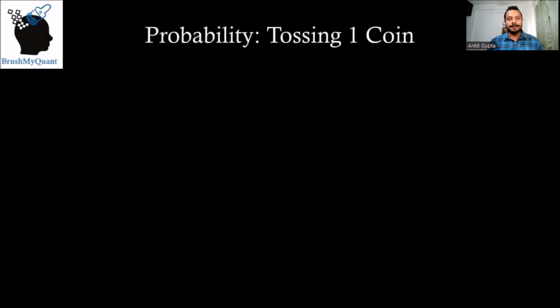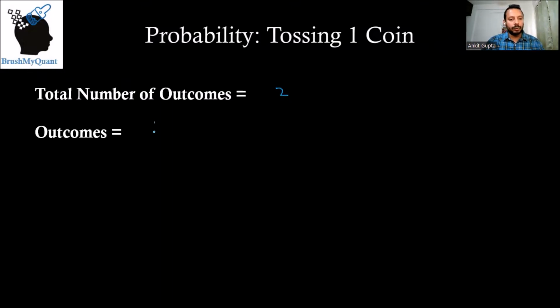Now let's understand this by taking an example of tossing one coin. When we are tossing one coin, how many outcomes are possible? There are a total of two outcomes: you can either get a head or you can get a tail, right? Now, how do we find probability of getting a head?